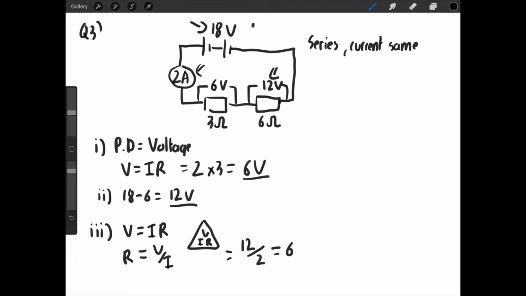But the question actually asks us for the total resistance of X and Y. So we need to add this one and that one, 6 plus 3, to give our final answer. Resistances in series also, like voltages, add together. Very, very easy.